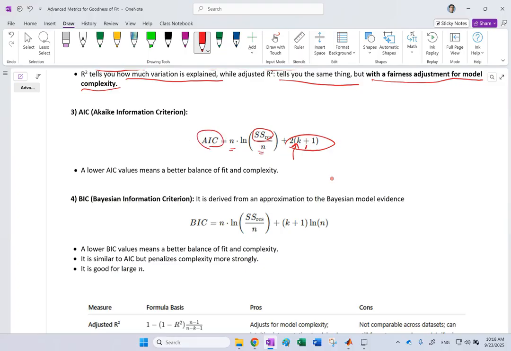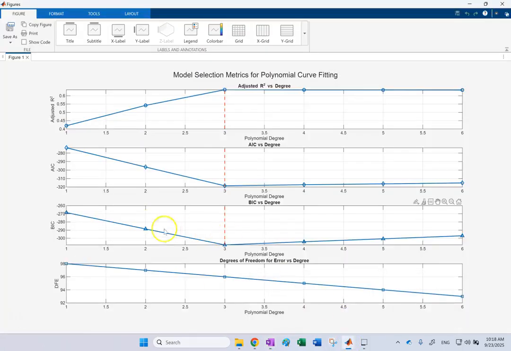So as opposed to adjusted R squared that has a maximum at the best model, this one has a minimum at the best model. And as you get away from that, the function increases. You can see that in this plot: as you go from 1 to 2 to 3, it goes down, and as you pass from 3 to 4, 5, 6, it goes up.